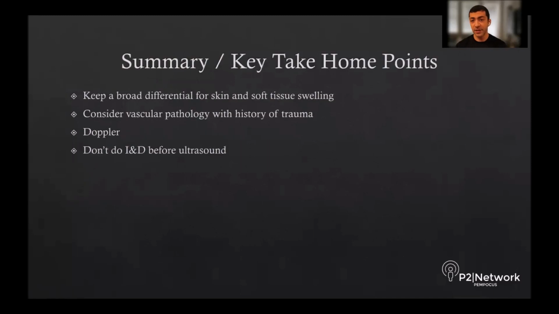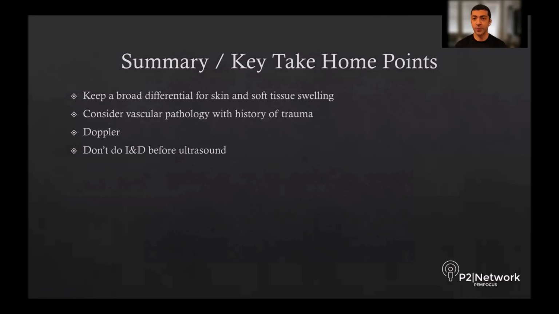So, summary of pseudoaneurysm ultrasound. I think the most important thing is to keep a broad differential for skin and soft tissue lesions. Not any swelling is an abscess or a lymph node, especially with a history of trauma. There's a risk of a vascular lesion.